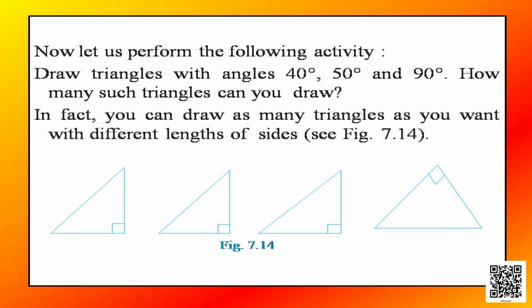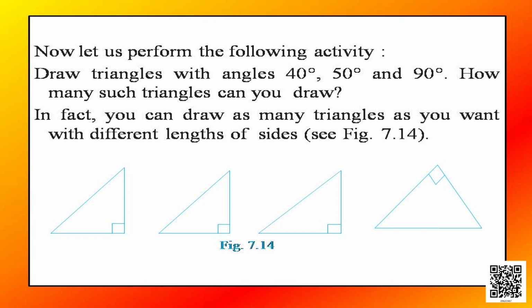They look similar actually, isn't it? They look similar, but they have similar angles only. They are not similar triangles. They have similar angles, but the sides are of different lengths. So, we cannot say that these triangles are congruent.